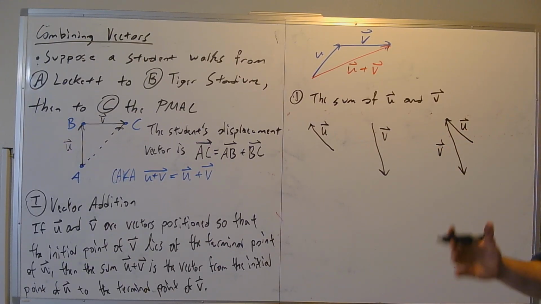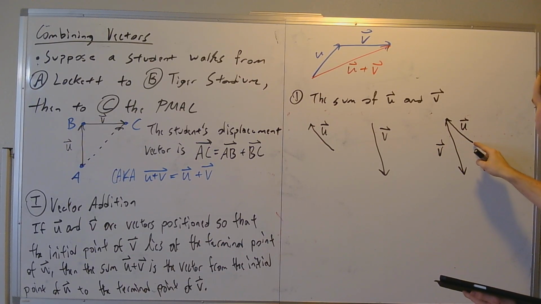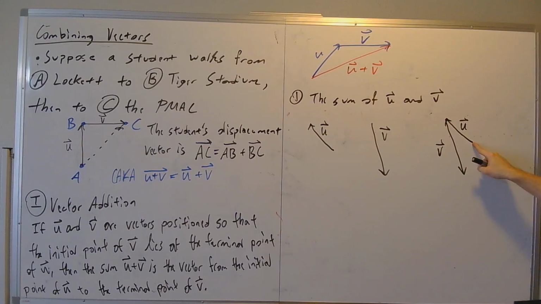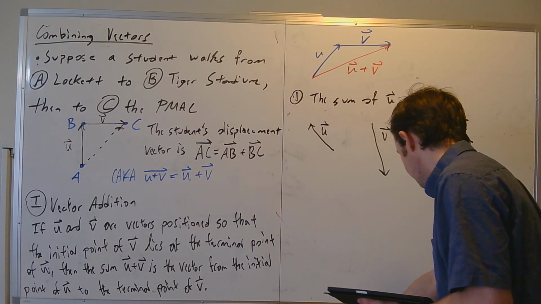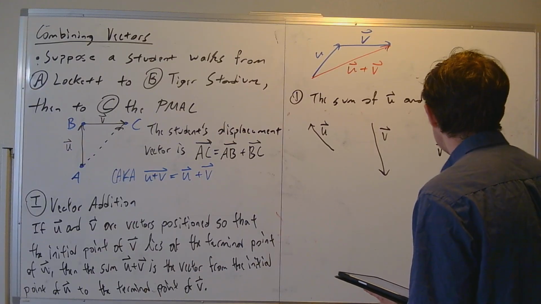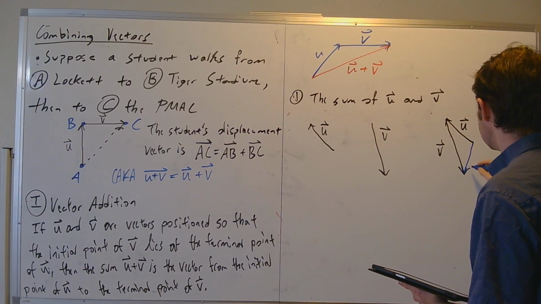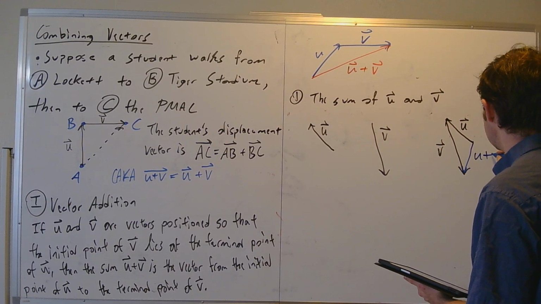Adding the two just means taking the vector from this point to this point. So I'll draw the line there, and the addition of the two vectors is this vector here, u plus v.